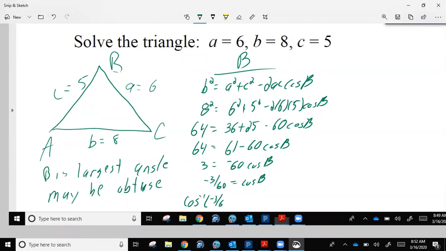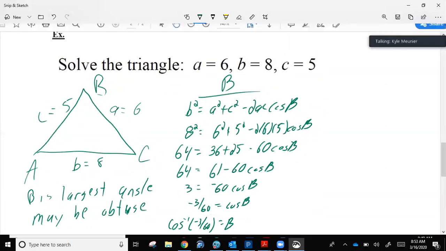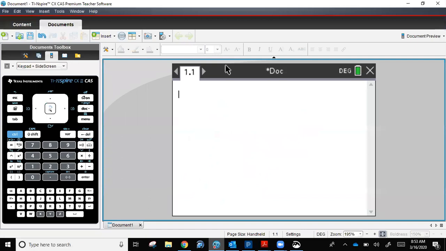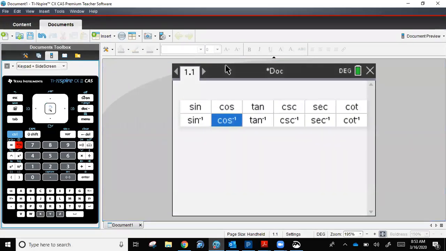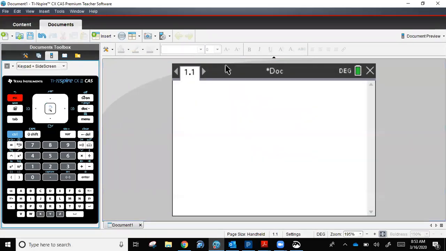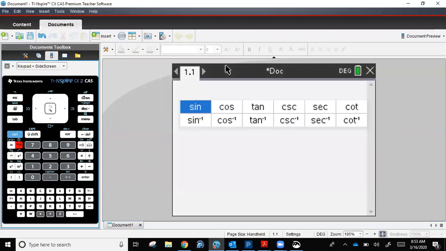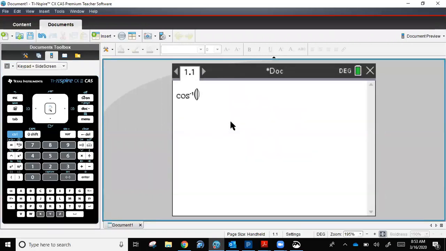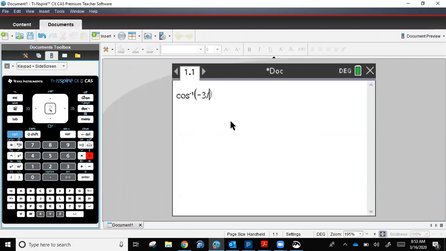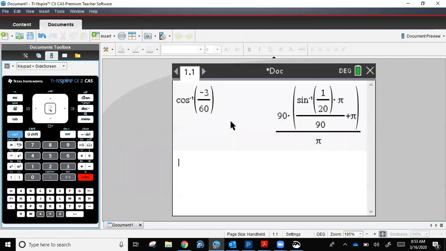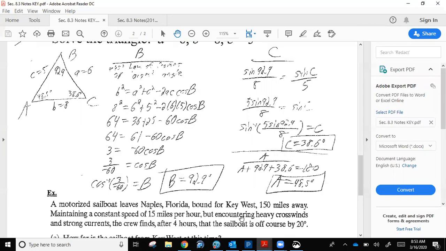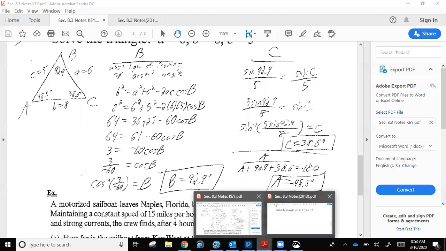Inverse cosine of negative 3/60 will equal angle B. If I go to my calculator and I take the inverse cosine of negative 3/60, we're going to get about 92.9 degrees, which is the answer that we're looking for.